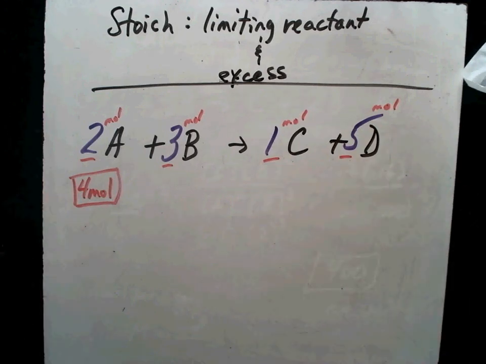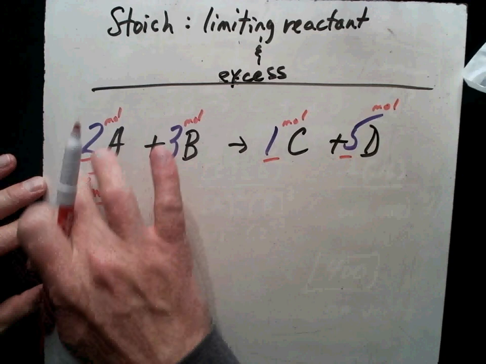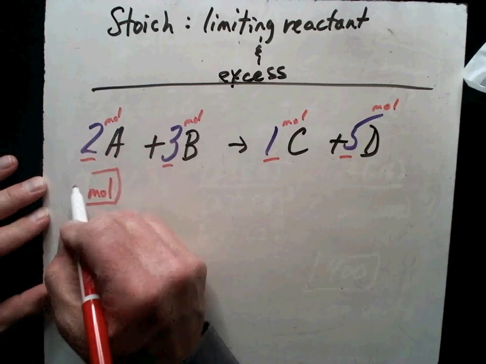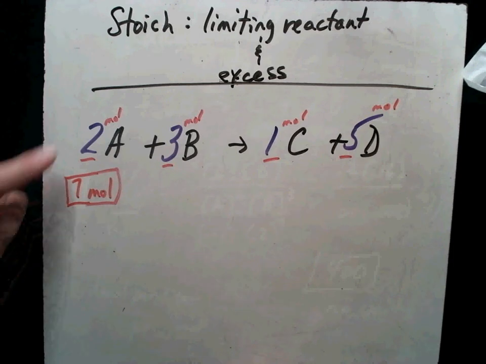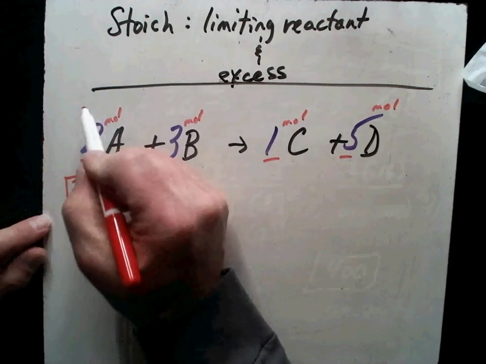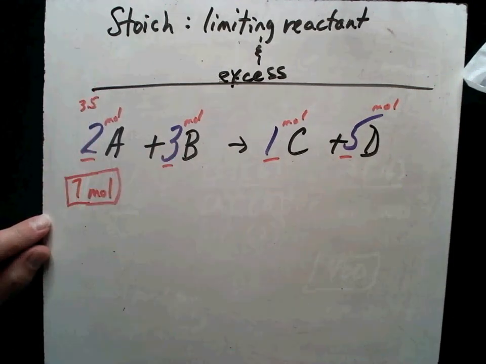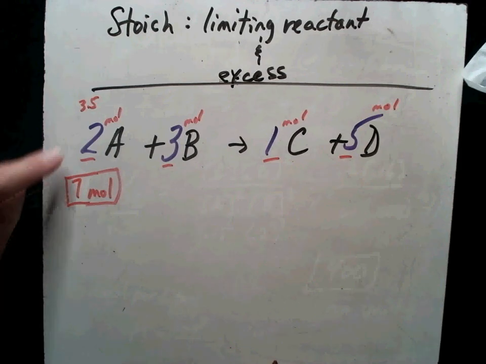Super easy. Okay? What if that number is not 4? What if that number is 7? All right? Well, real quick, 2 to here. Well, 7 divided by 2 is a change of 3.5. So if this changed by 3.5, then everything's going to change by 3.5.